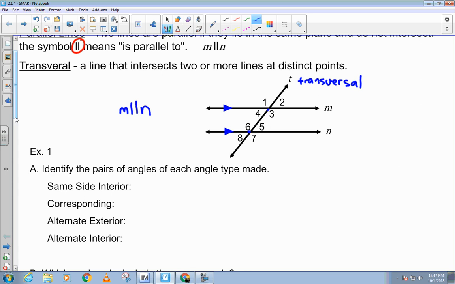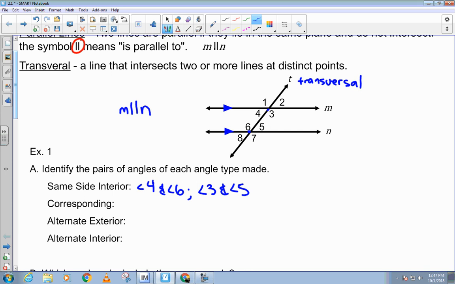So my same side interior would be angle 4 and angle 6, and angle 3 and angle 5. Those are same side interior.